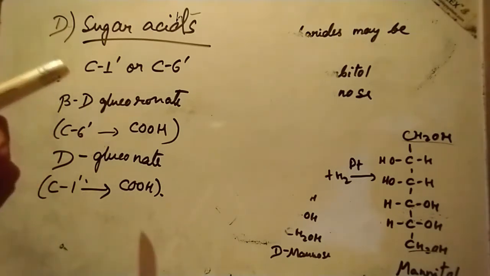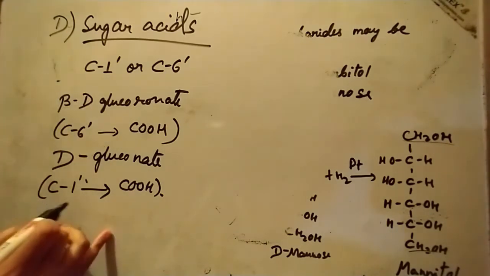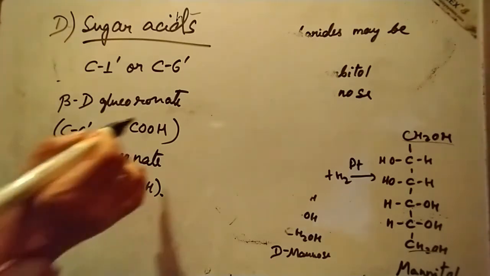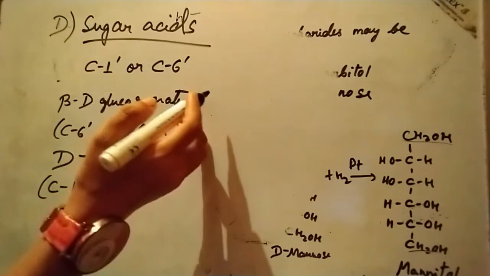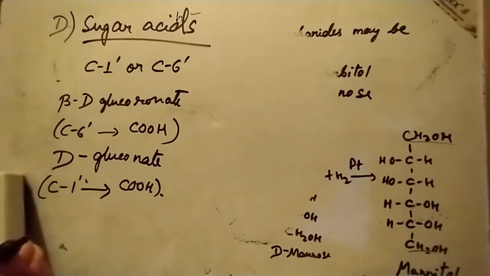So these sugar acids are obtained due to the oxidation reaction of monosaccharide molecules. So they are also termed as the oxidized sugars. Okay, when we obtain sugar alcohols, those molecules are also referred to as the reduced sugars, and these are termed as the oxidized sugars.